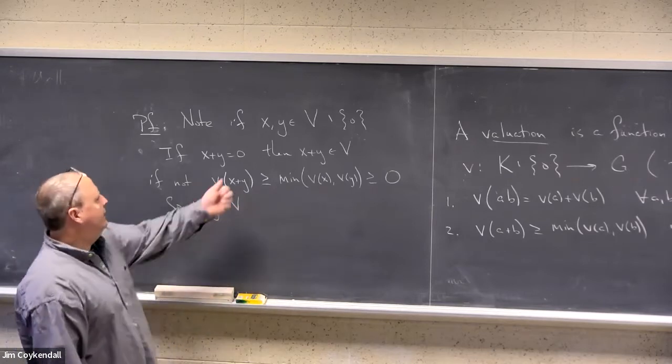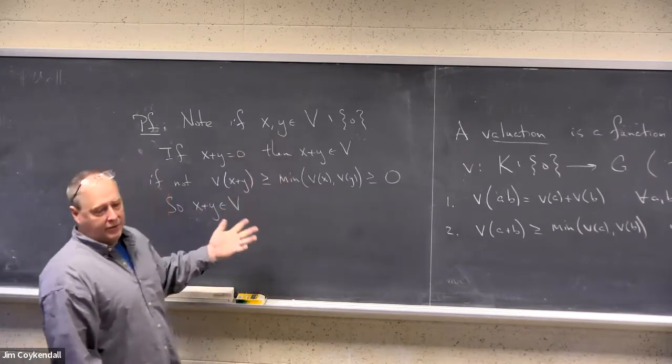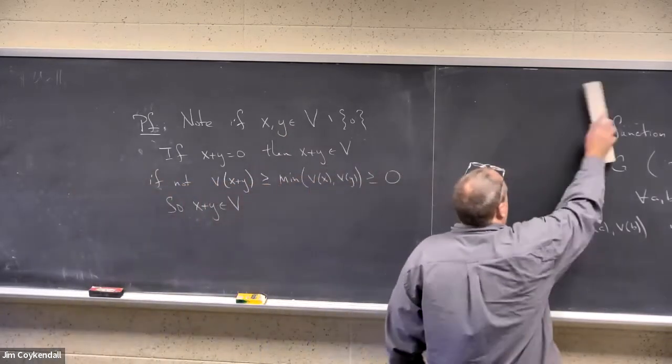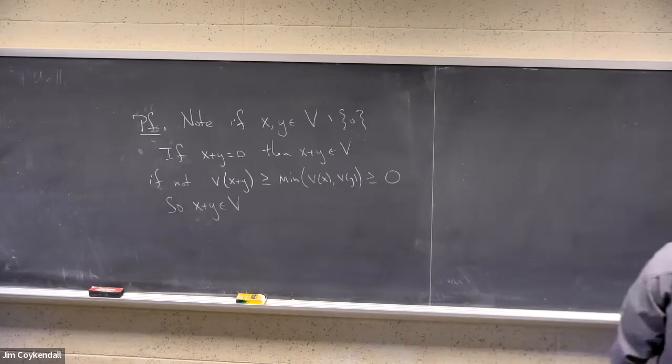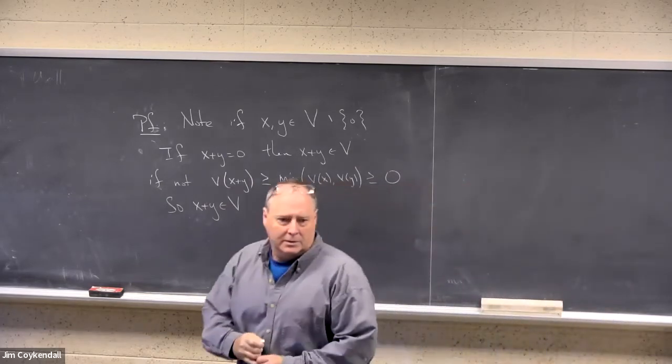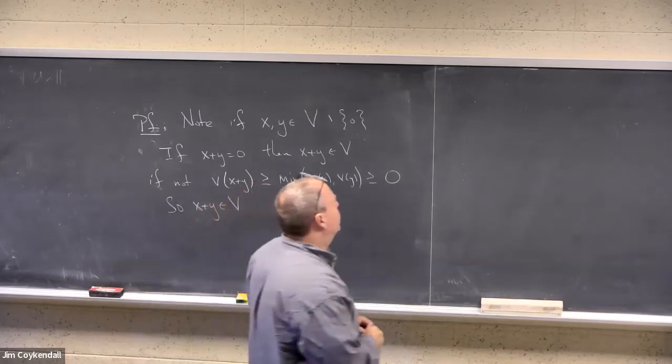And of course, again, if either X or Y is zero, it's clear that the sum is in B. All right. So this is closed under addition.